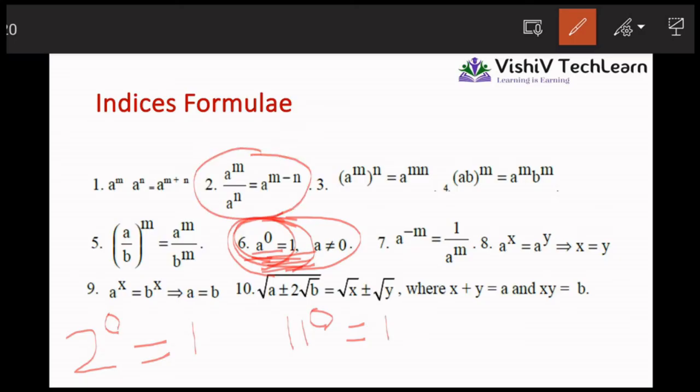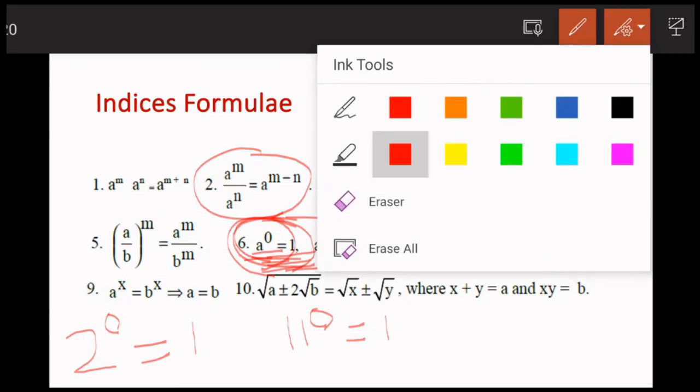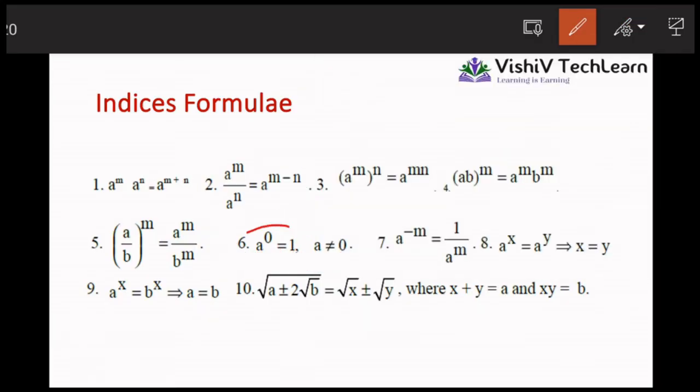Okay, let me erase this first. Now we are talking about the sixth formula. If we consider, let's say, a raised to 1 minus 1, then by using the second formula, if we split it, it will be a raised to 1 divided by a raised to 1.